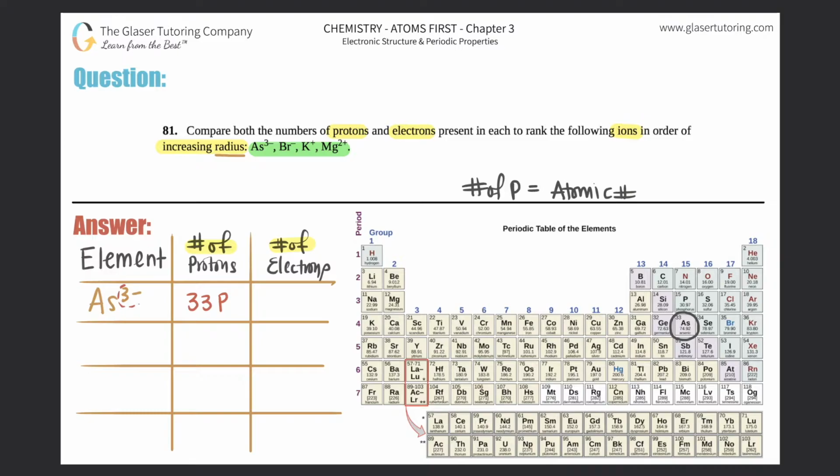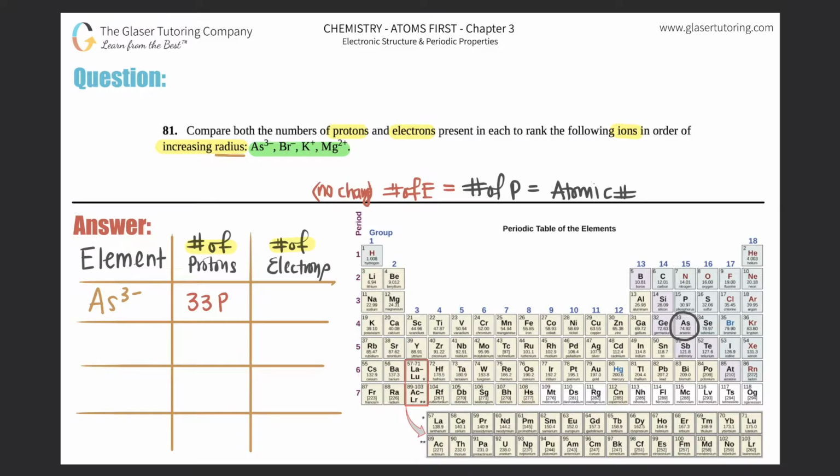The charge in the upper right-hand corner depends on how many electrons there are. So this charge will always affect the electron number, all right? Whenever there's no charge, you should know that the number of protons equals the number of electrons. The charge will always make that a little bit different.